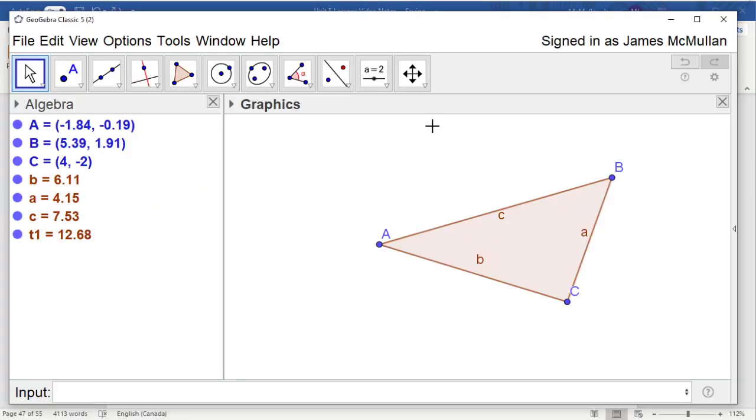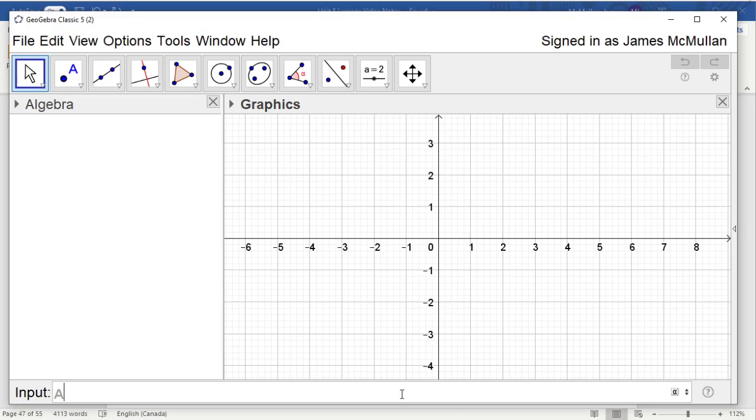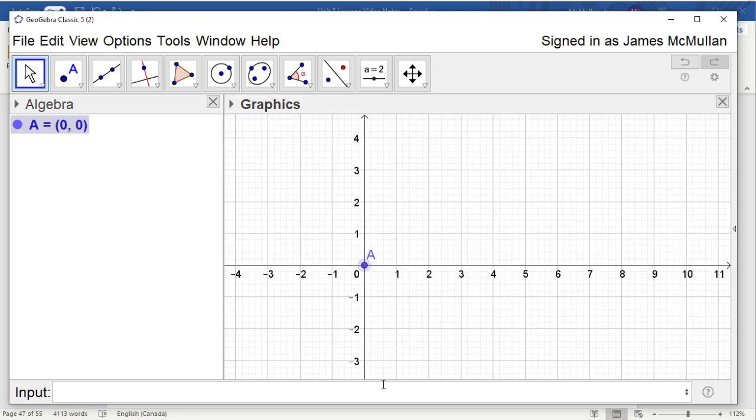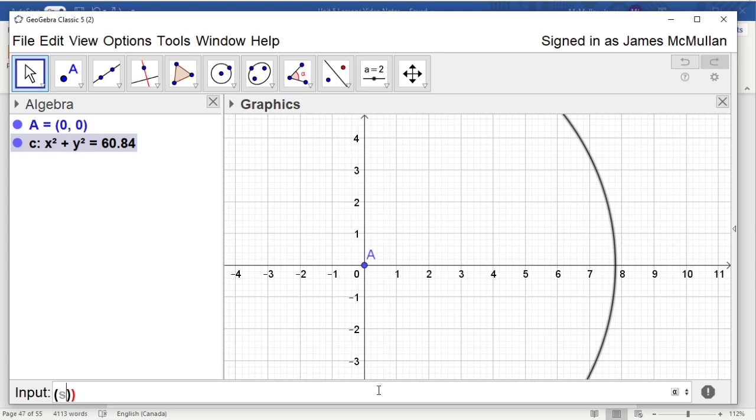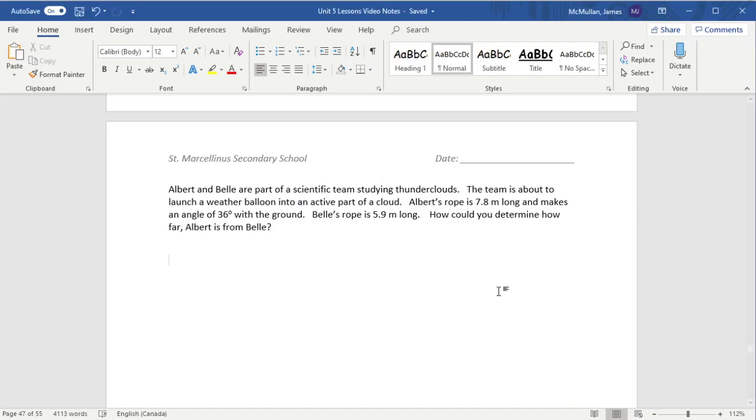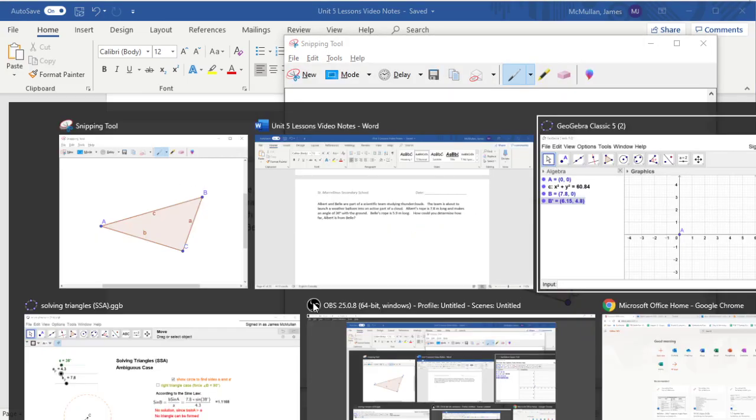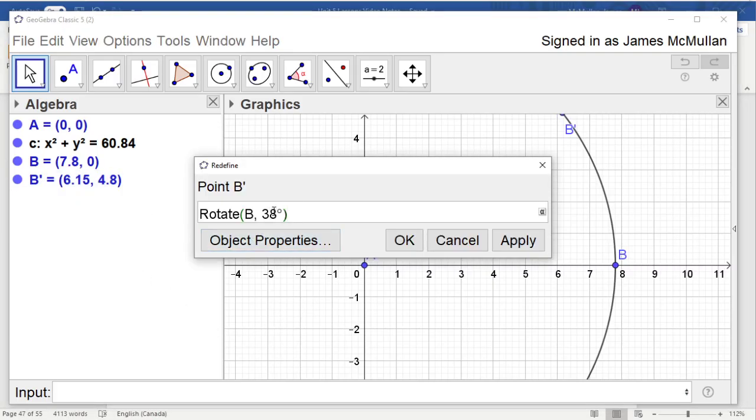So let's draw this. Let's put Albert here at 0, 0. His rope, we said, was 7.8 meters long, so we'll draw a circle of radius 7.8. That would be the ground, and we'll rotate that point 36 degrees.